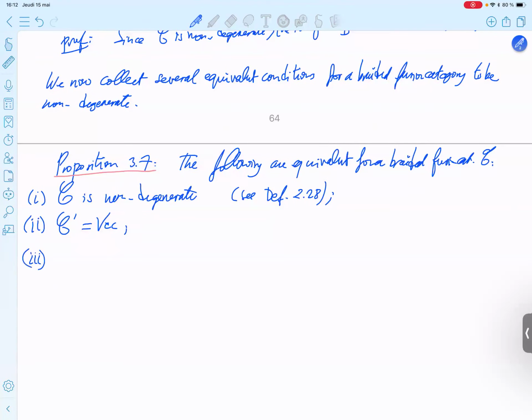The point of this proposition is the third, regarding the factorizable property.